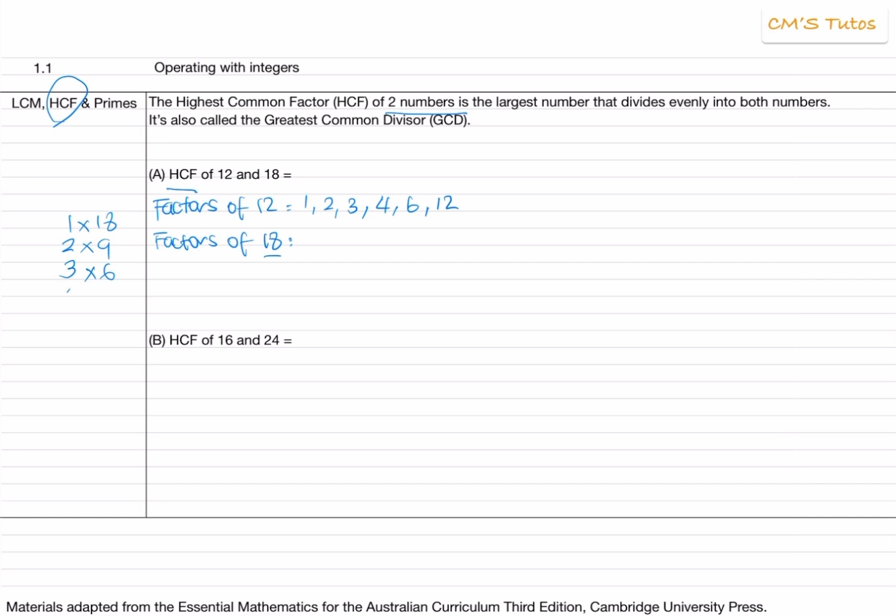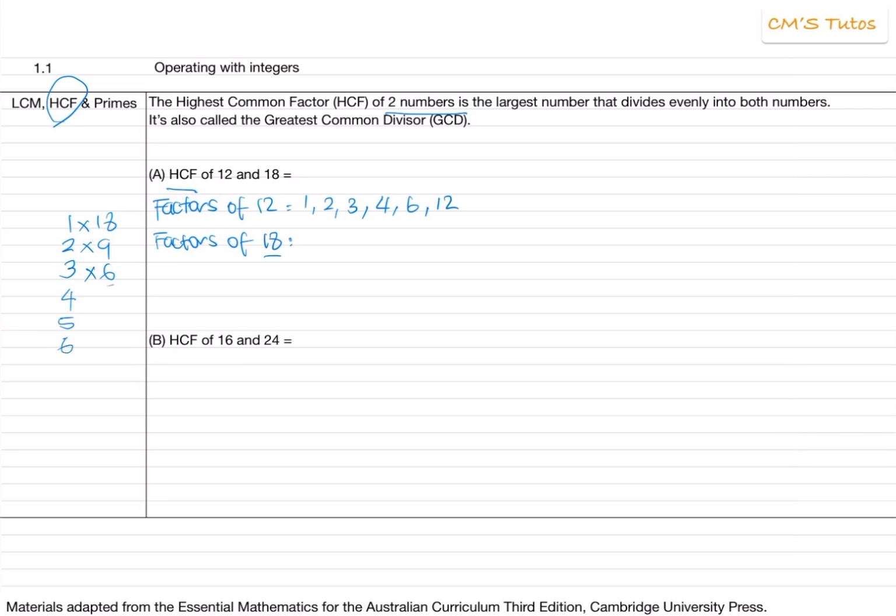What about 4? Any numbers that we can multiply to get 18? For 4, it will become a fraction. There's no other number. And what about 5? Still a fraction. What about 6?